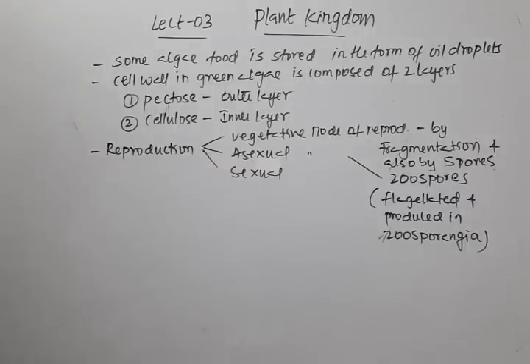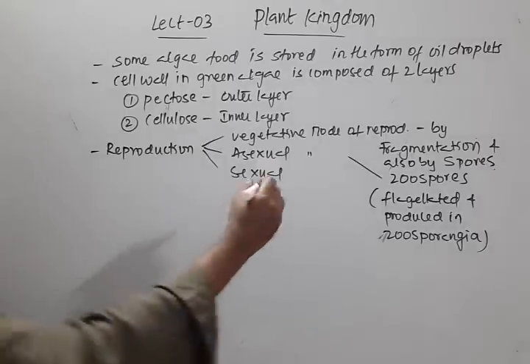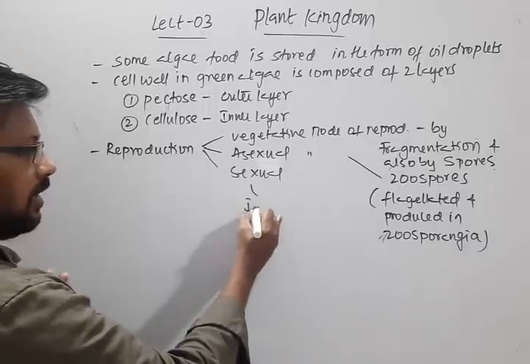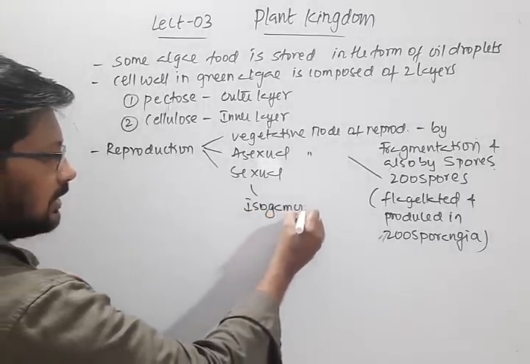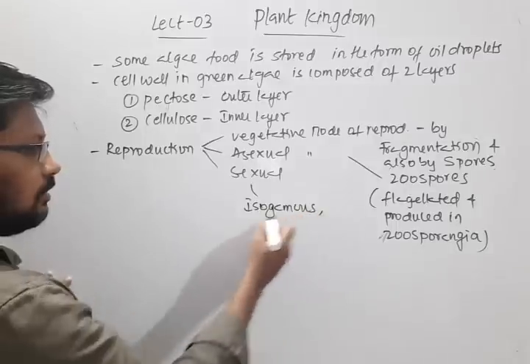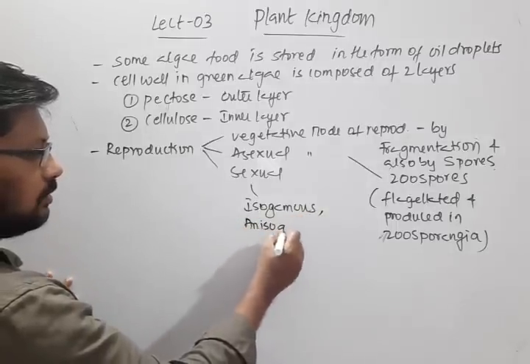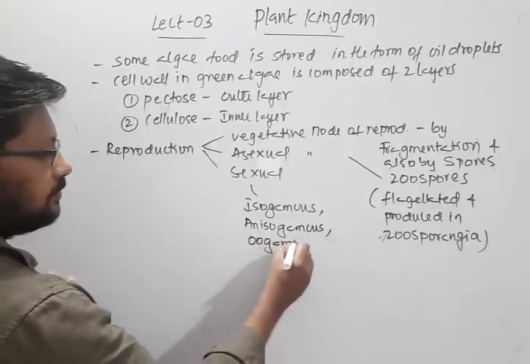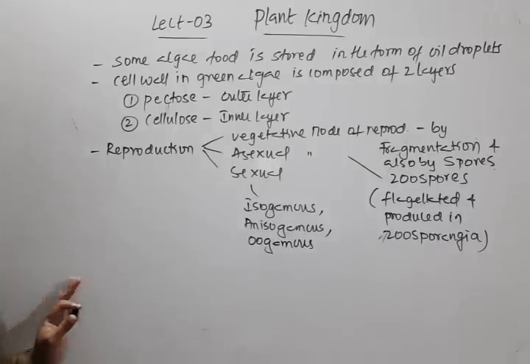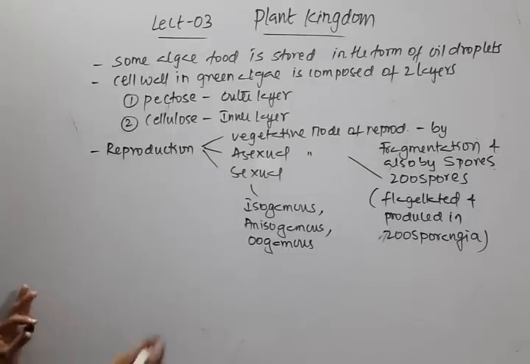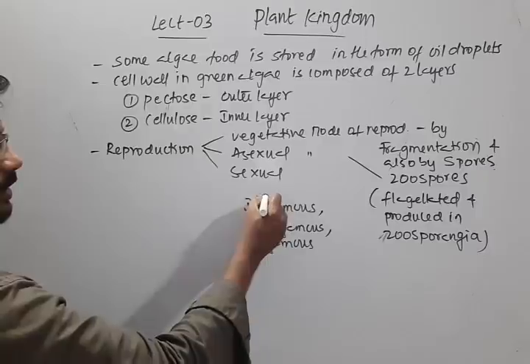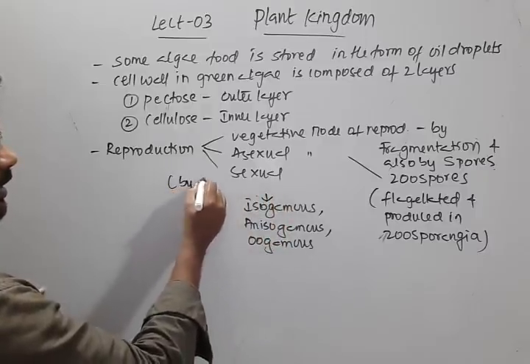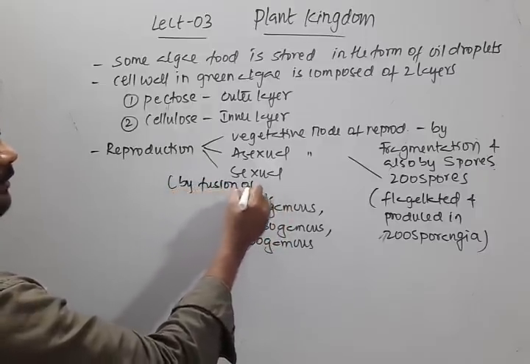And coming to the sexual mode of reproduction, it may be isogamous, which already in the last session we have seen, or it may be anisogamous or oogamous, where we will see the fusion of gametes. We know sexual reproduction is by fusion of gametes.